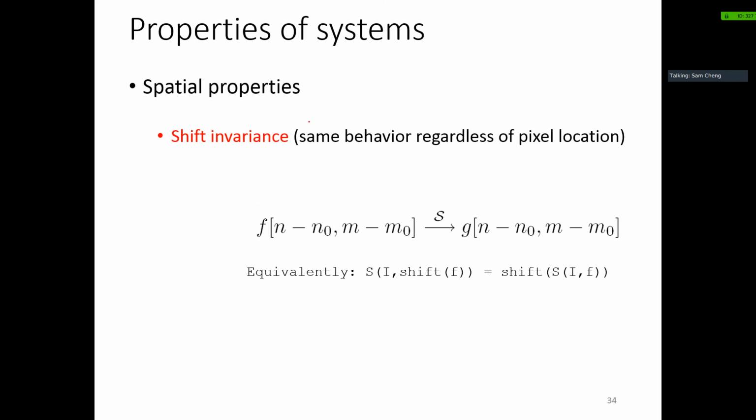It kind of makes sense, right? If the filter here is not the same as here, then originally I operate here using this filter, but if I shift to here, I'm using another filter, then of course I will have a different result afterward.